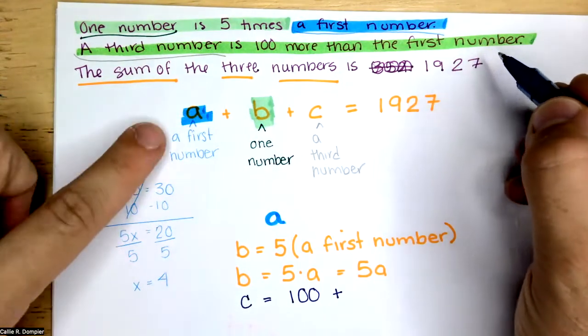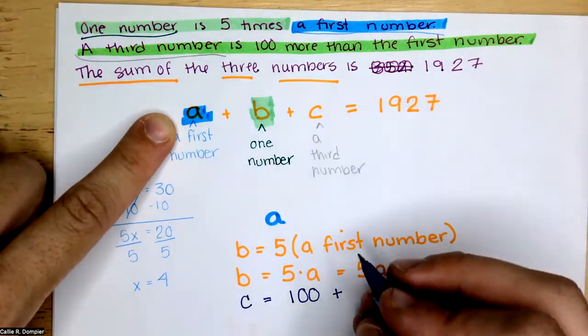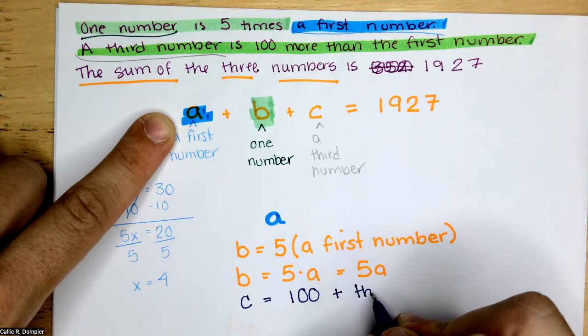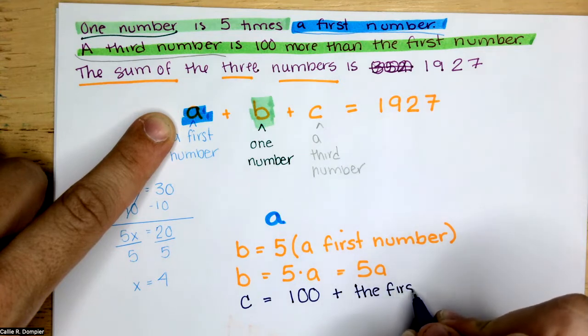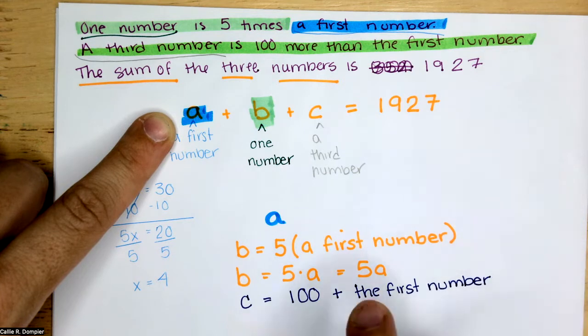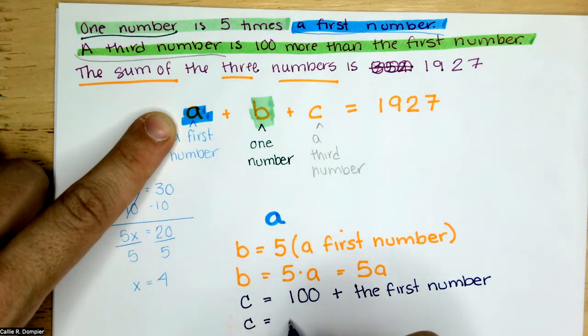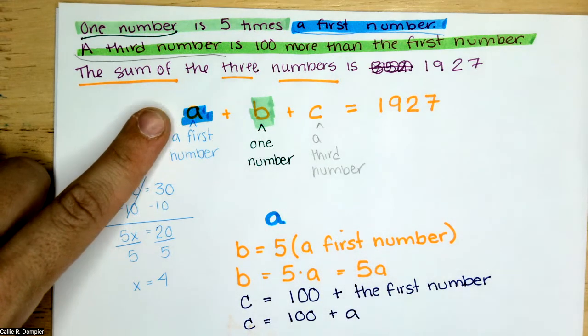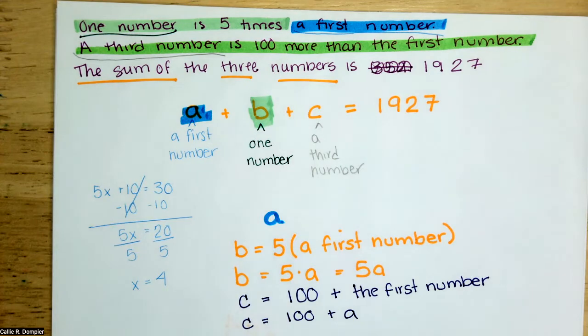The first number. What's the first number? The first number is the same as saying a first number. So we're saying C is 100 plus, what's the first number? A. Good.